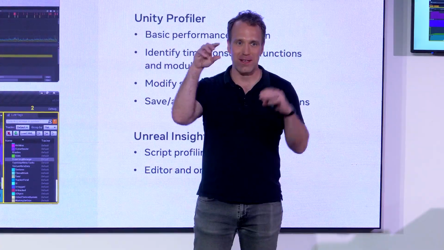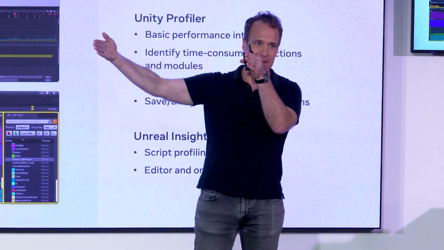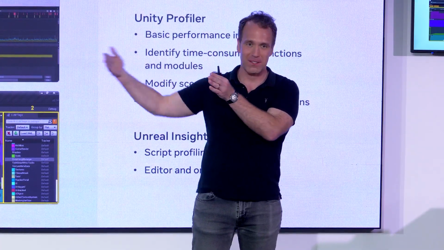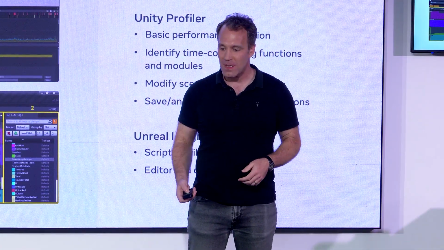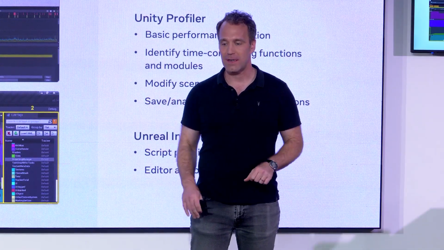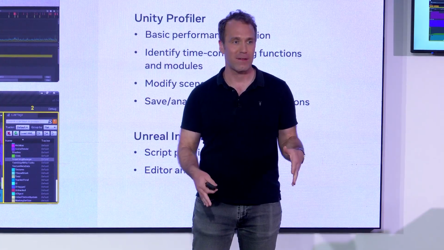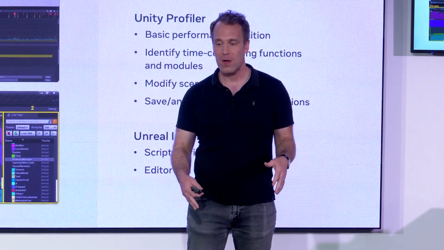Basically, function X is taking 100 of my time unit, and then function Y is taking 80 within that, and you can see kind of drilling down. So those activities are very efficient if you can meaningfully analyze your performance on Windows or Mac or Linux.